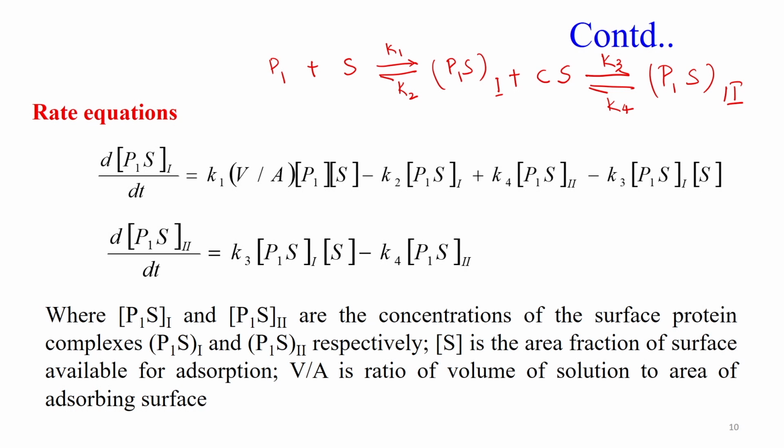If you solve these rate equations, we can estimate the concentration of P1S1 or side-on orientation, and what is the amount of P1S2 end-on orientation. So, depending on how many unknown parameters are there, we can either solve it analytically or we can solve it numerically. That will depend on how simple or how complex the rate equations are.